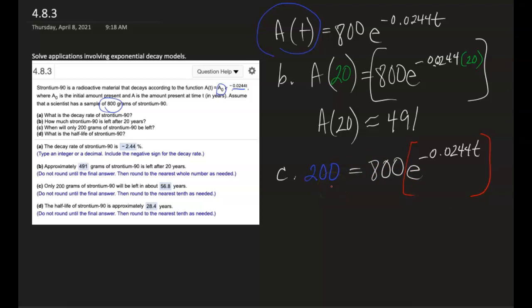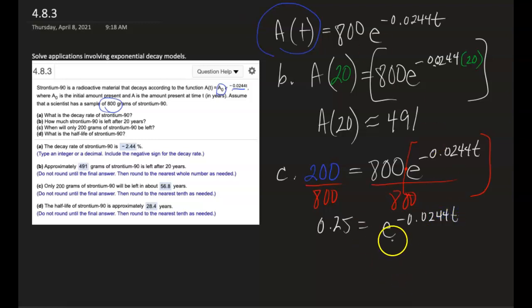You would perform the inverse operations in order to isolate the variable. So I would have to do the inverse of multiply by 800 on both sides. So I would divide by 800 first. By doing so, we get 0.25 equals e to the negative 0.0244t.